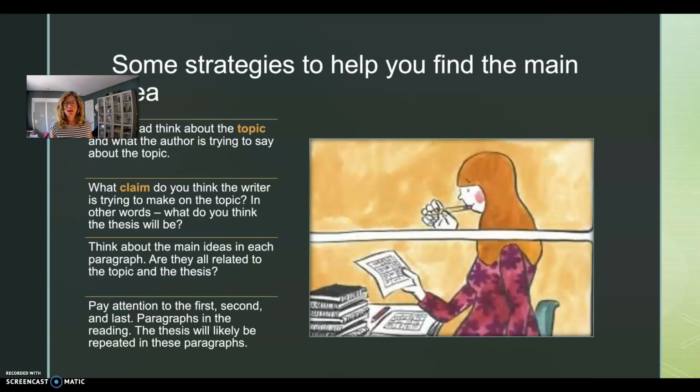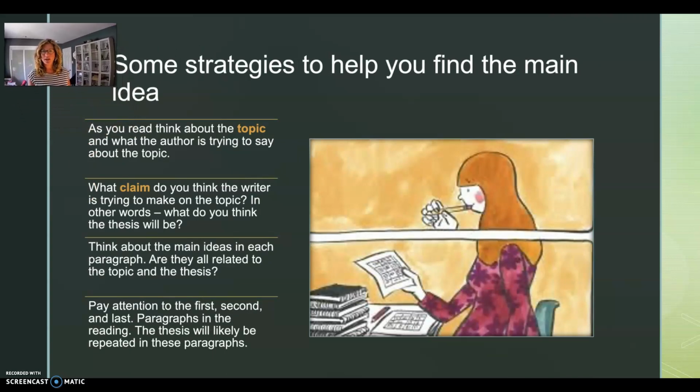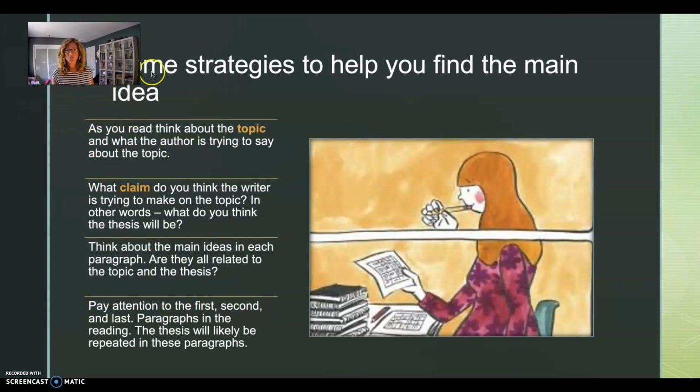So, some strategies to help you find the main idea would include, obviously, you should read and you should think about what is the topic of the essay. Often the topic will be listed somewhere in the title, so it's not a big surprise. Okay? But what is interesting is to find out what they're trying to say about it. All right?